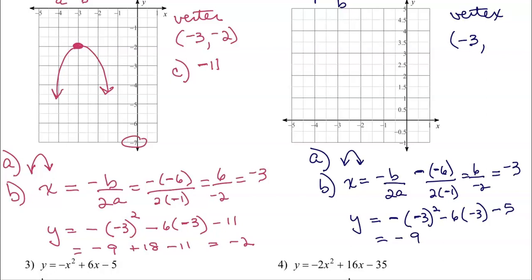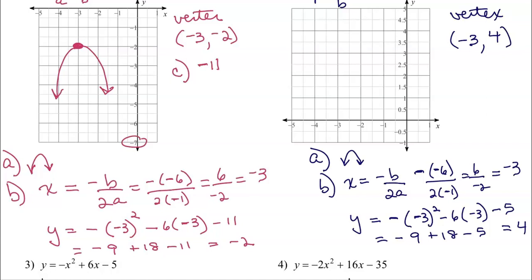Minus 6 times minus 3 is positive 18, just like last time, and then minus 5. Negative 9 and a positive 18 is a positive 9. Positive 9 minus 5 equals a positive 4. So my vertex is negative 3, comma 4.